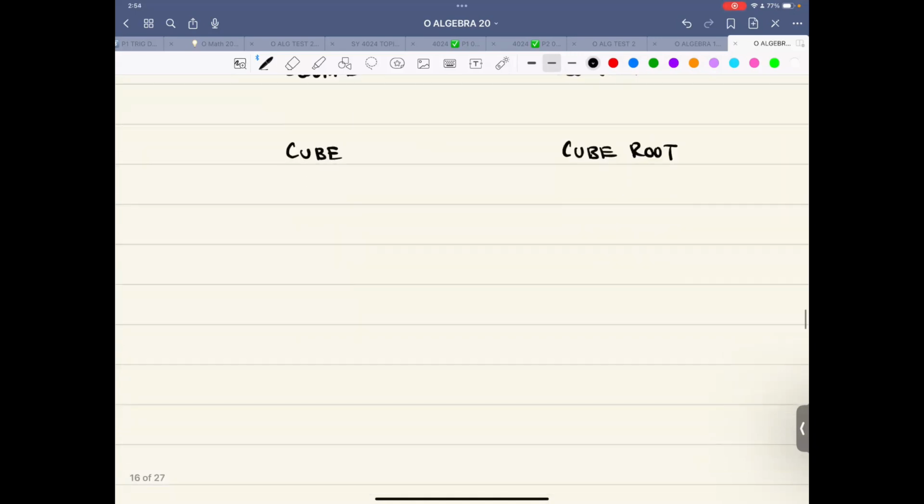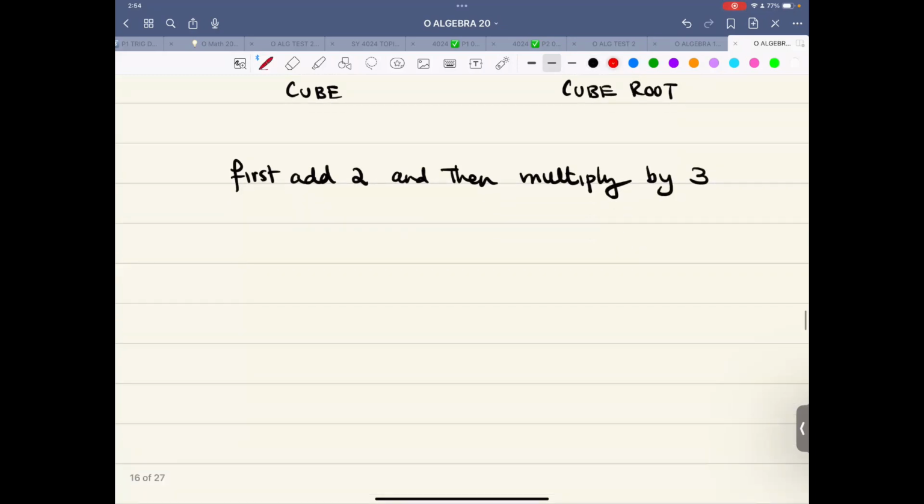If I do a combination, first add 2 and then multiply by 3. Now, the first process is add 2. The second process, then multiply by 3.